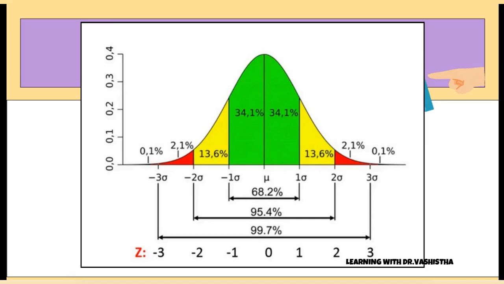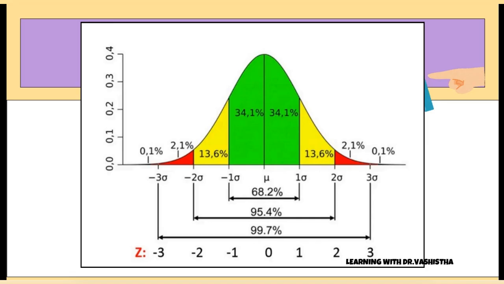Similarly, for 2 sigma, it's 13.6%, and similarly on both the sides, it's 13.6. So the first, or the one standard deviation, takes 68.2% area, whereas the second one is spread around 95.4% area.